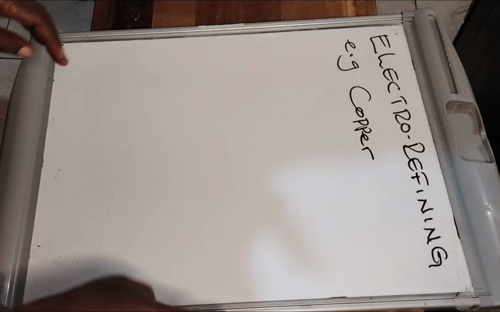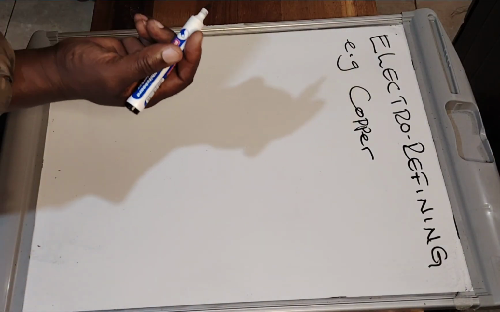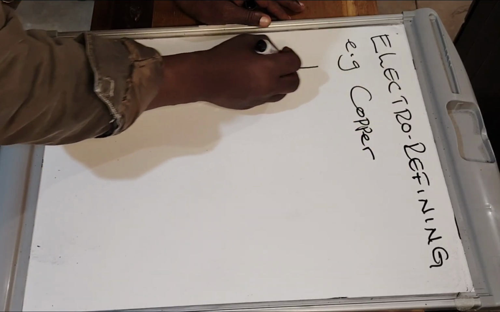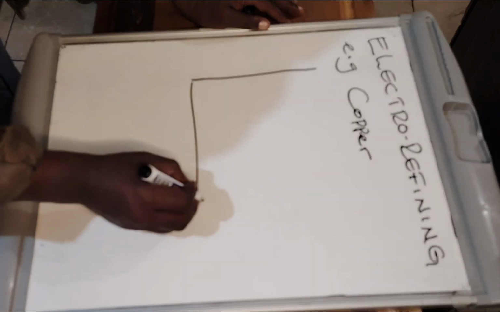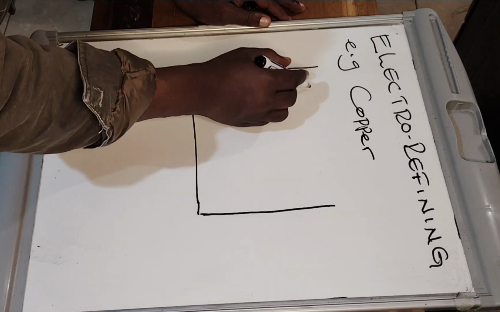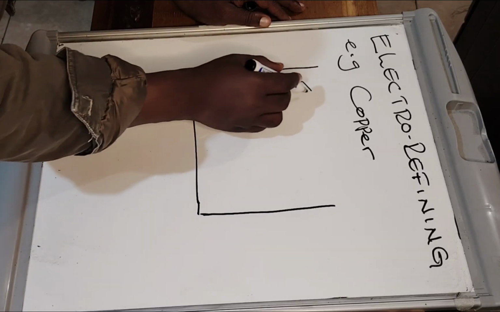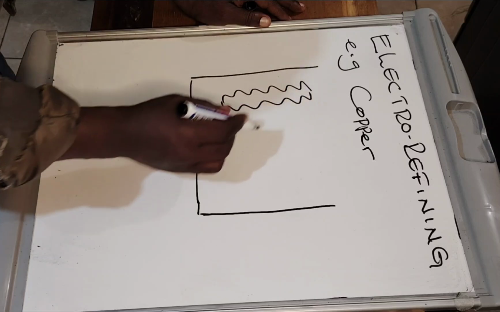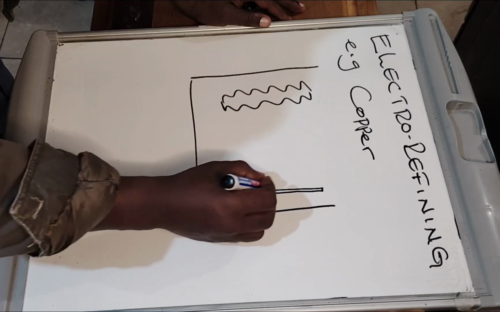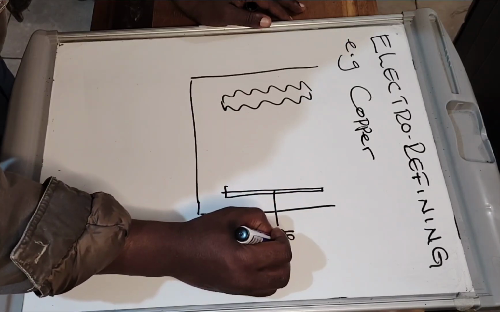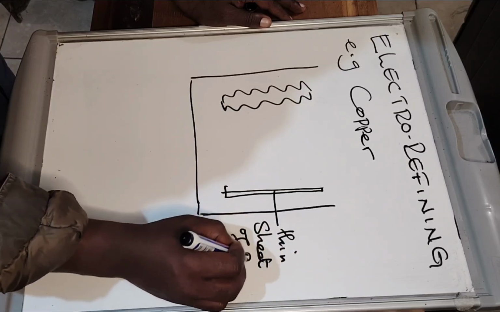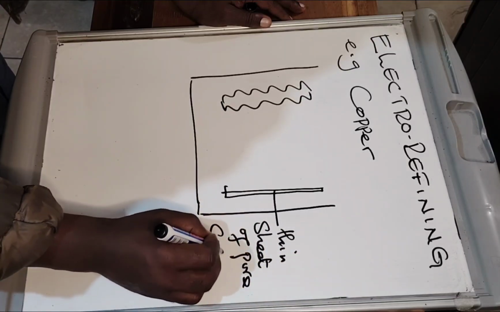Okay, electro-refining, good people. What happens here? Okay, it's very simple. You have a trough or a container which will form our electrolytic cell, you have an impure copper, and you have a thin sheet of pure copper.